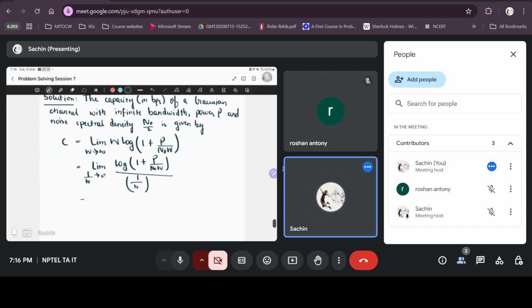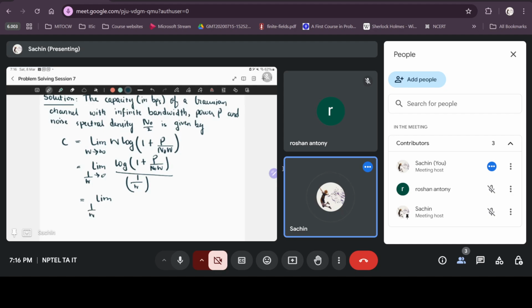You can use L'Hopital's rule and differentiate numerator and denominator. Replace 1 over W by x, so the limit becomes x approaching 0 of log of 1 plus P over N0 times x, divided by x.